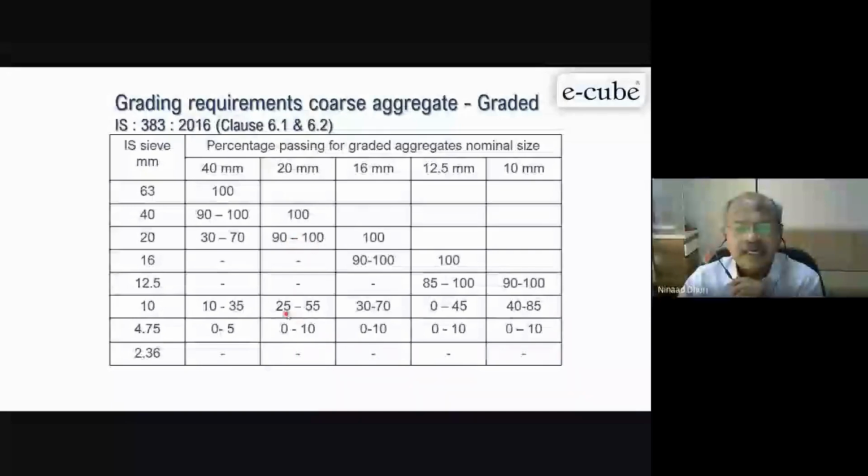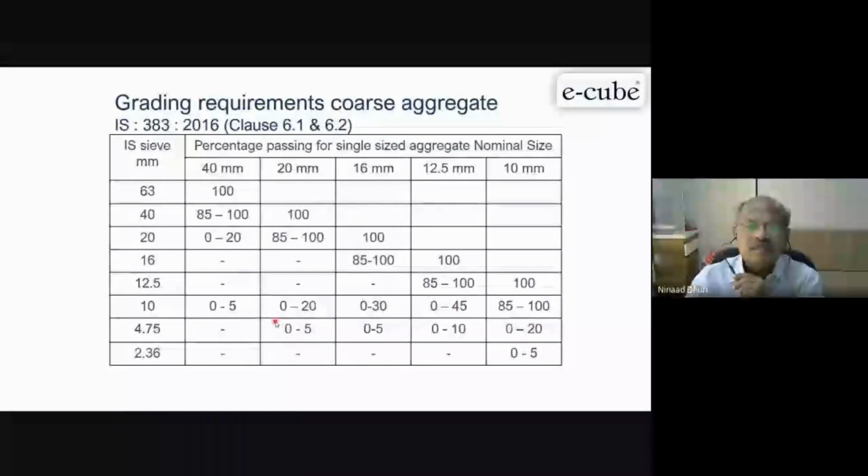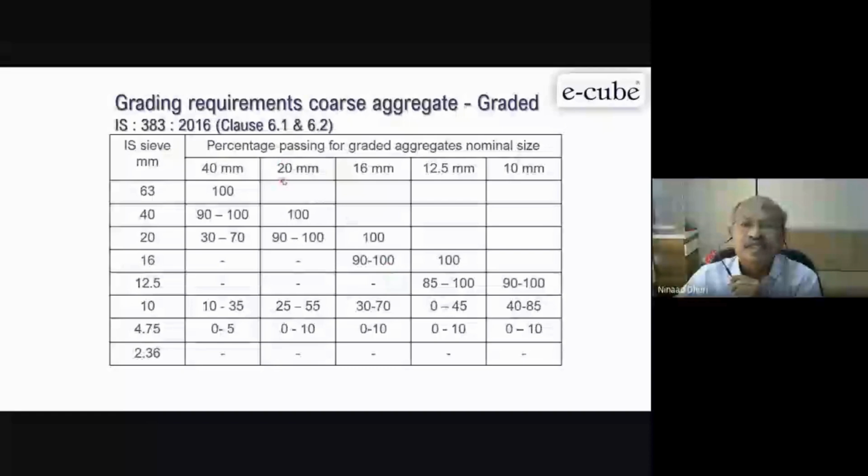So 90 to 100, 25 to 55, 0 to 10, and then 90 to 100, 40 to 85, 0 to 10. So in combined aggregate at 4.75, hardly 10% is allowed. So you get this grading and combine to get this graded limit, these graded combinations.